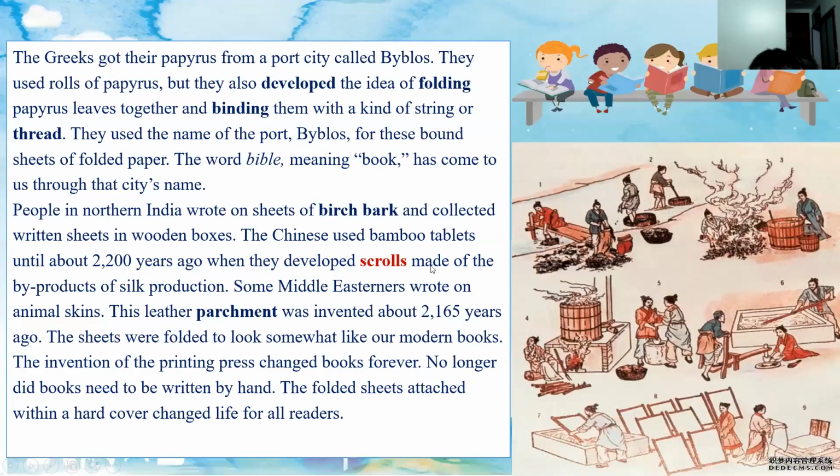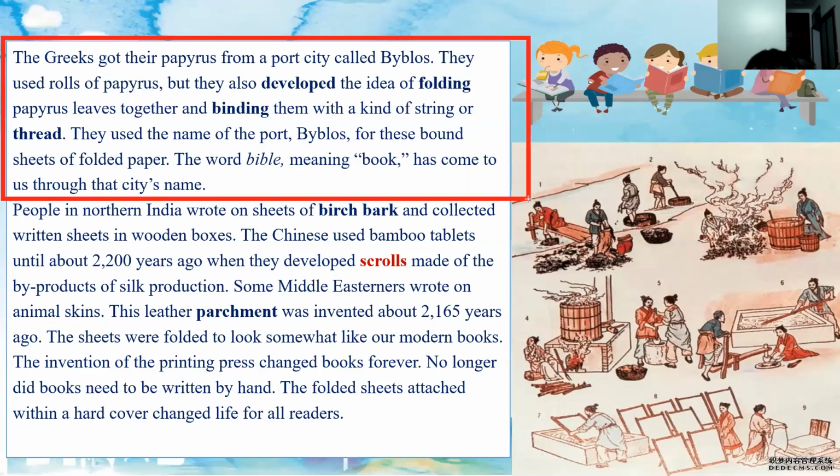Now, can you read the first paragraph here on the second page? The Greeks got their papyrus from a port city called Byblos.